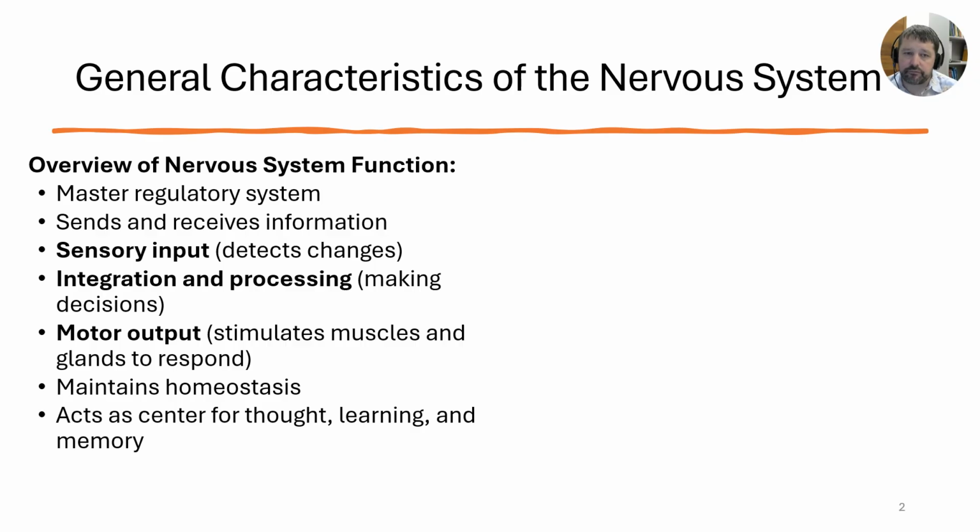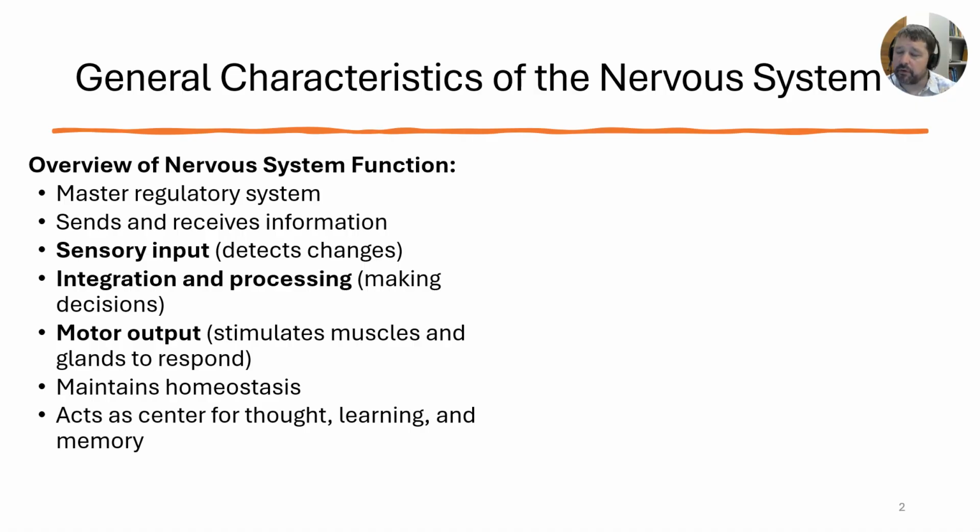After that signal has been sent, it's processed and a new signal is sent, and often it will result in some kind of response. This could be a muscle response of movement. This could be a glandular response.